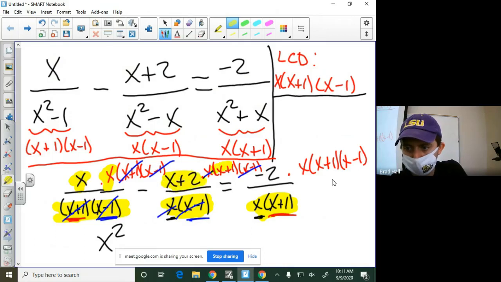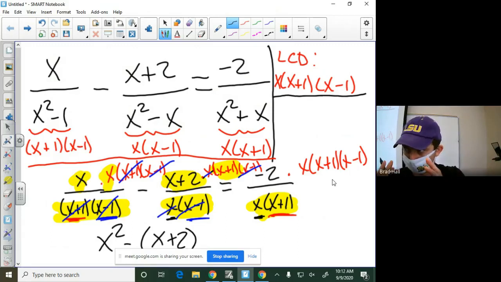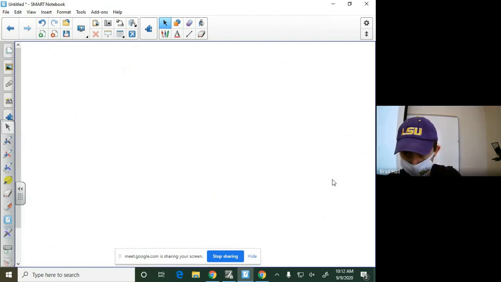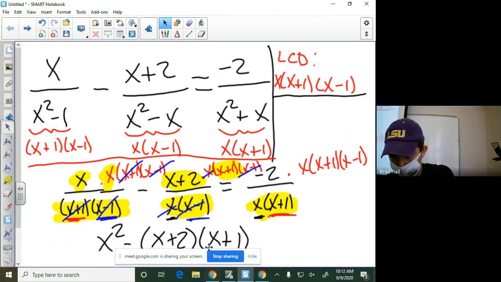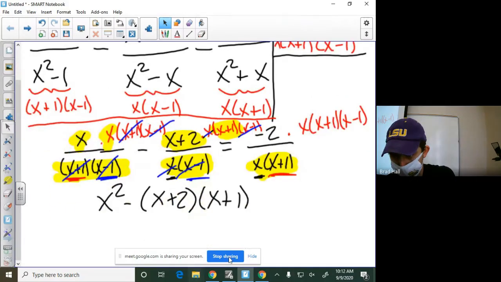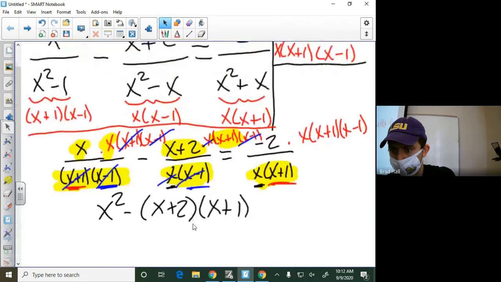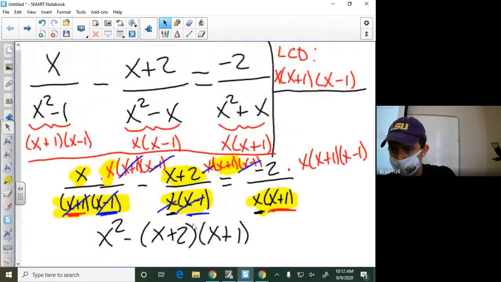So naturally, we are going to be left with x plus 2 in parentheses, numerator's got to stay contained, times x plus 1. Sorry.